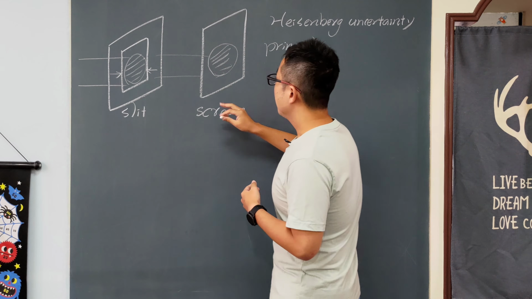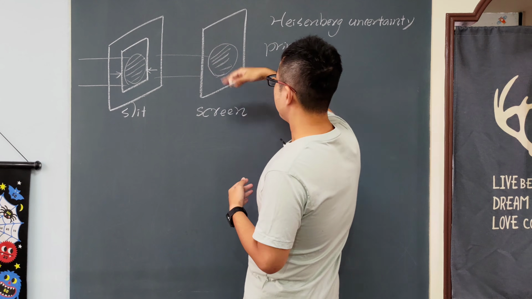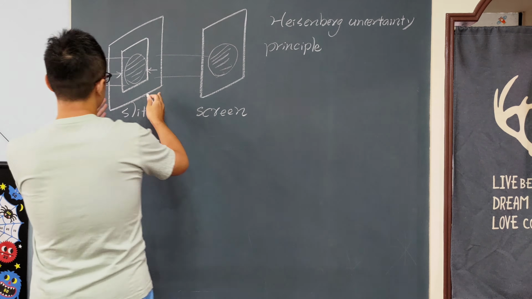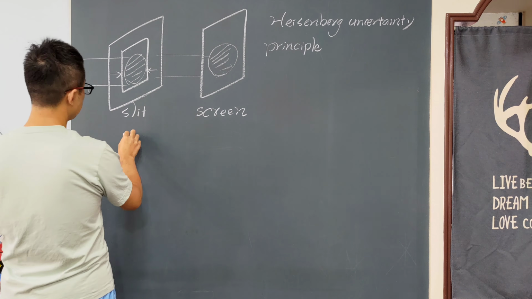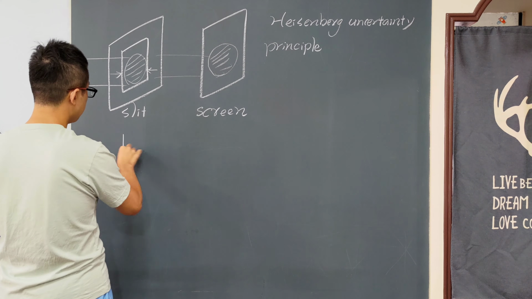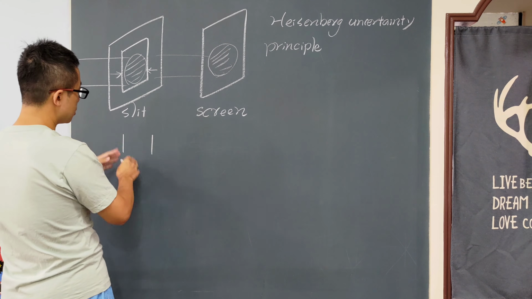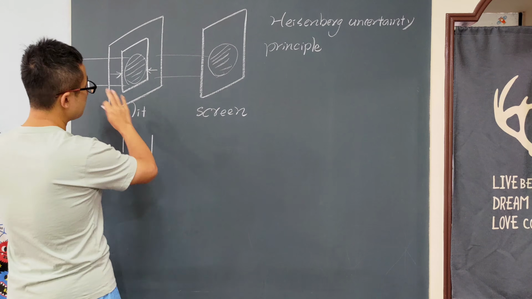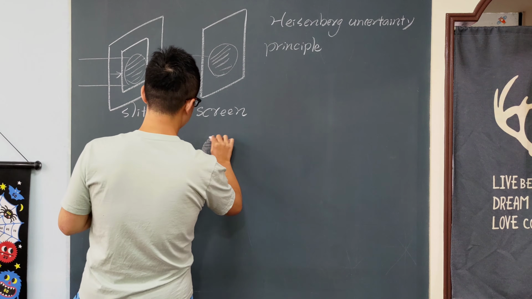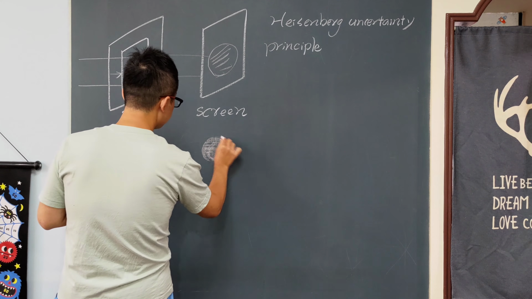So at the beginning, it might look like a spherical shape, but if you shorten the width of your slit, say this is the width of your slit at the beginning, so wide that the whole laser beam can pass through it, this is your laser pattern.